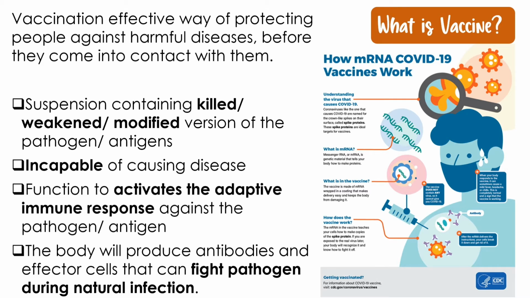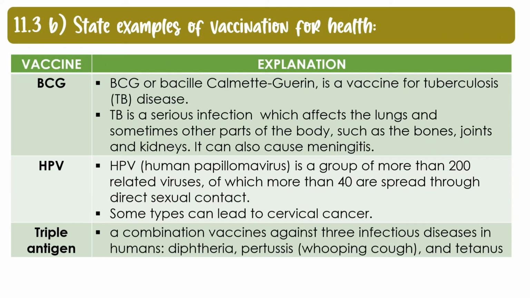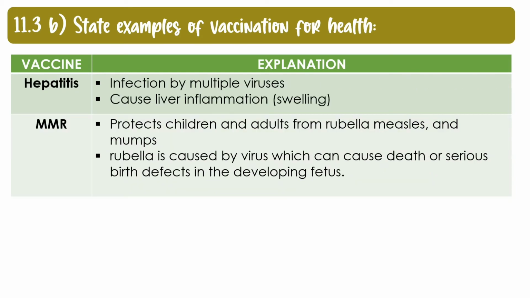Since vaccines only contain the weakened, killed, or modified version of the pathogen, it is incapable of causing disease. This means that we will not get infection from the pathogen present inside the vaccine. Here are some examples of vaccines currently available to the masses.